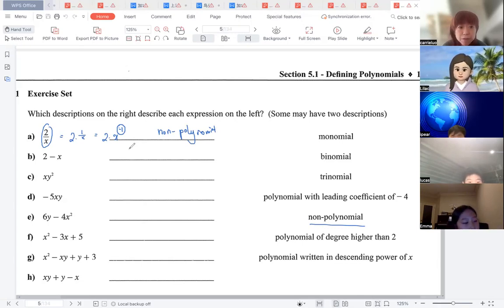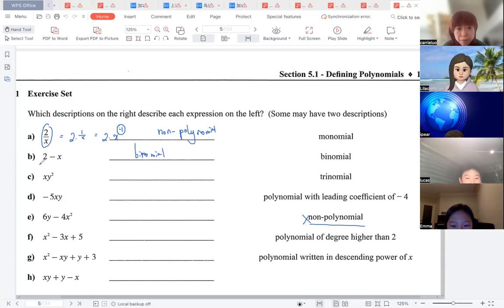Okay, so next one, 2 minus x. Daniel, can you tell me what this one is? So it's a monomial, binomial, or trinomial. Which one? This is a binomial. Very good. Why? Because it has two terms.